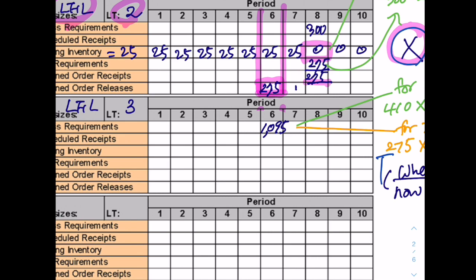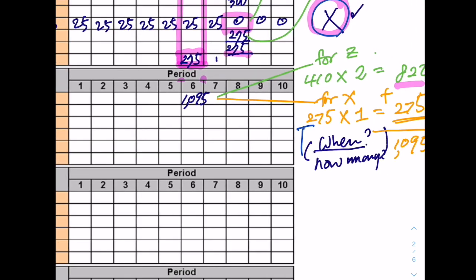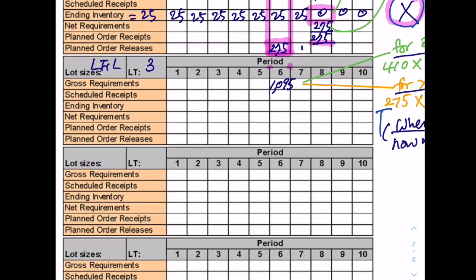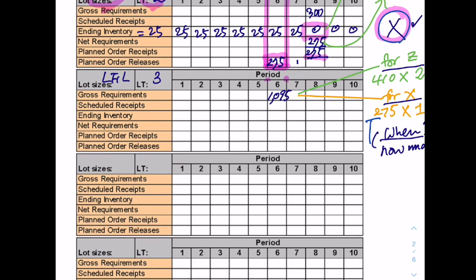It may be a little bit more complex than the previous example because we have to combine multiple demands. Like here, T is used for making both Z and X. When it happens at the same timing, you have to consider both for Z and for X, and you have to add up. After you get gross requirements, others are pretty straightforward.